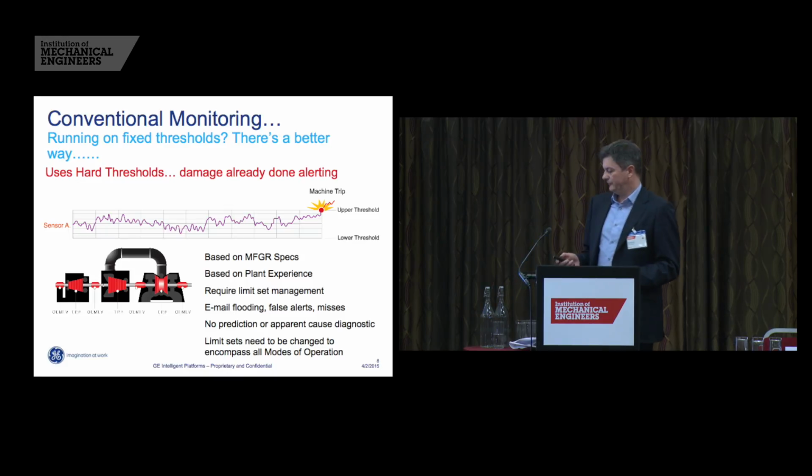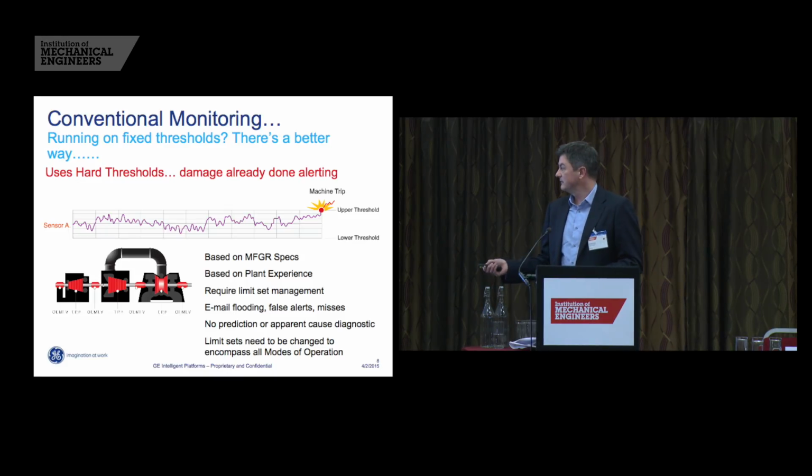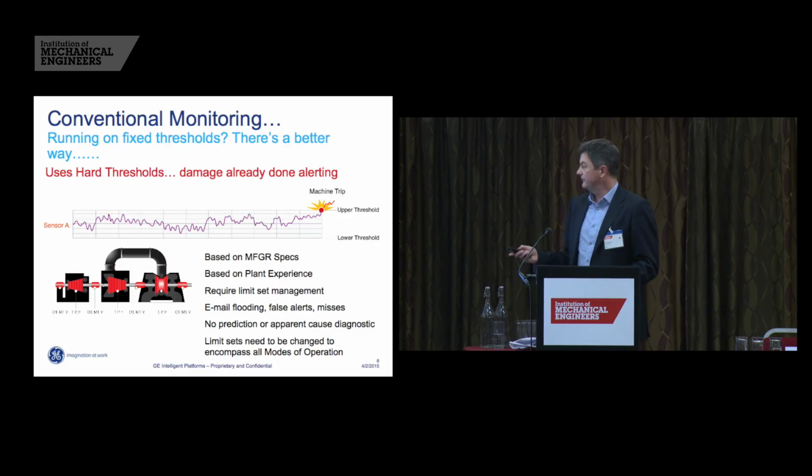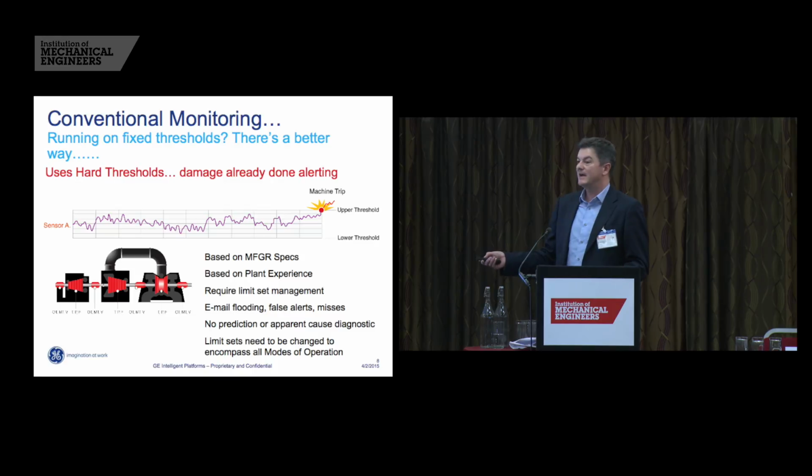So this would be a vibration signal, for example, and you can see that typically you'd have an upper and lower threshold. This is a trend of that, maybe out of your Pi system or an acquisition system. You can see that there's some variability there depending on what load you're doing, whether you're ramping up, ramping down, what the ambient conditions are, and what other factors are involved in this machine. The reason we put these upper and lower thresholds in is to account for the fact that we don't really know what this should be at any given time.